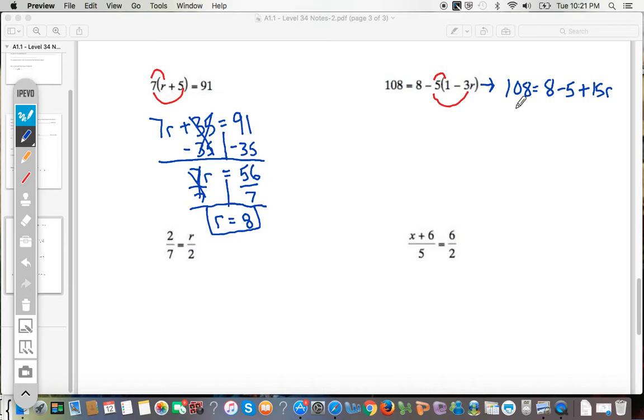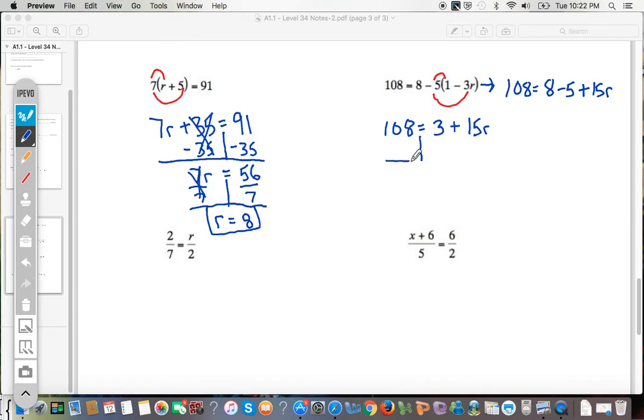Okay. So I'll go right down here. Let me simplify that. I have 108 equals 8 minus 5, which of course is 3, plus our 15r.